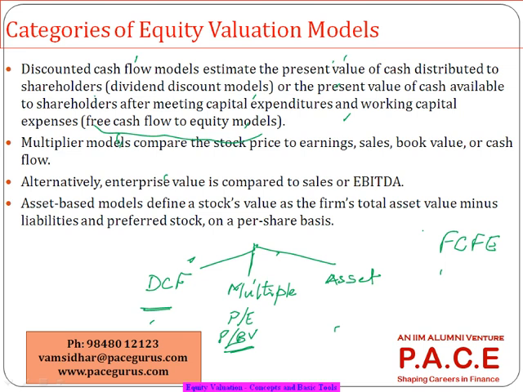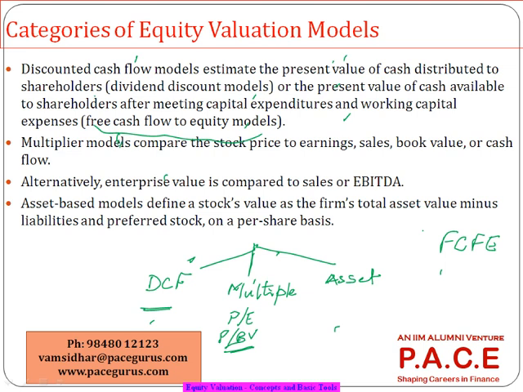Whatever cash is available with the company which can be distributed to the equity investors. So instead of dividend, people will estimate what could be the FCFE for the future and discount that FCFE to the present value to arrive at the intrinsic value of the firm.